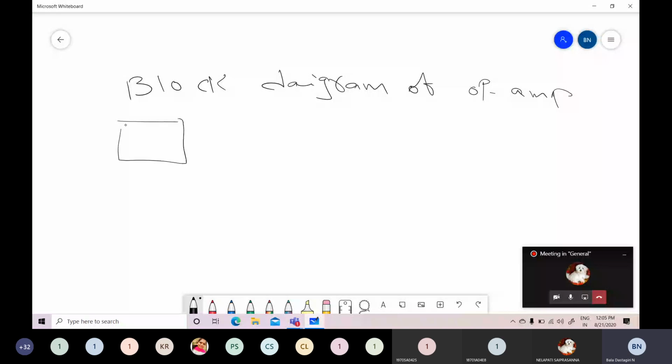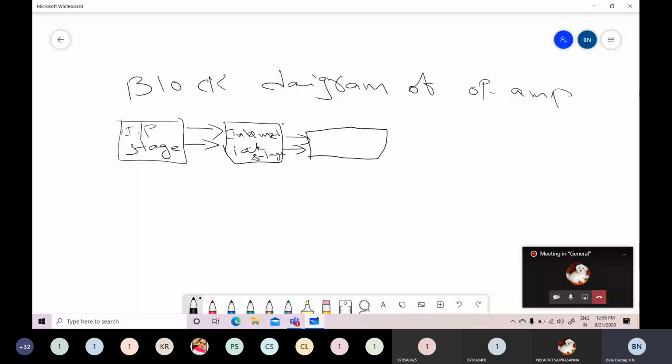The first stage is the input stage. After the input stage, we have one more stage known as the intermediate stage. After the intermediate stage, we have the buffer and level shifting stage.